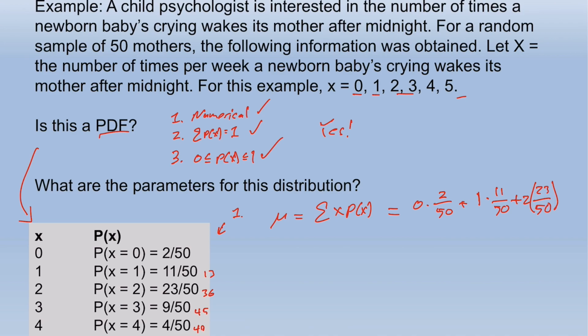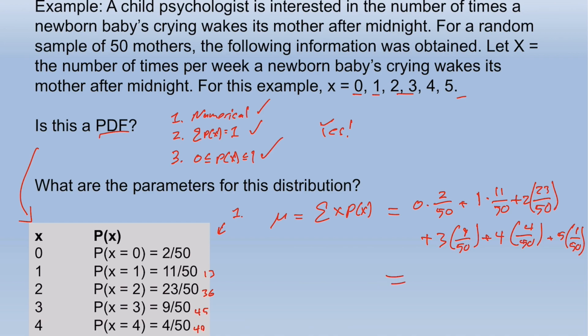That's an empirical probability. Plus 3 times 9 over 50 plus 4 times 4 over 50 plus 5 times 1 over 50.